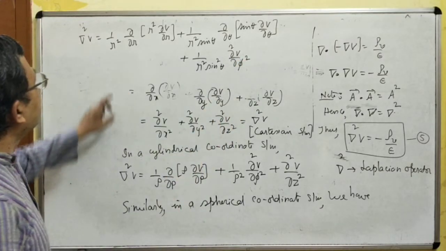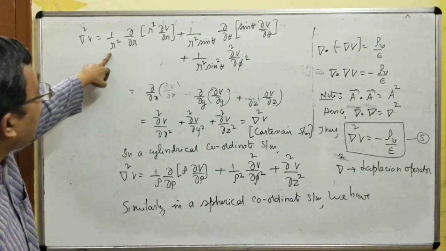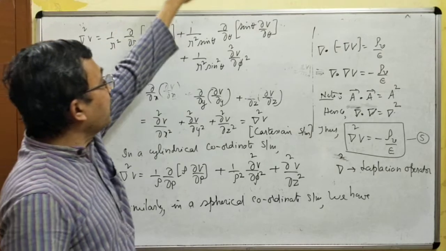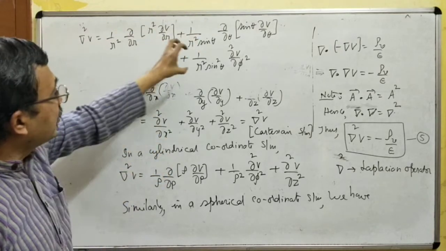I repeat, these terms give the variation in r, theta and phi directions respectively.